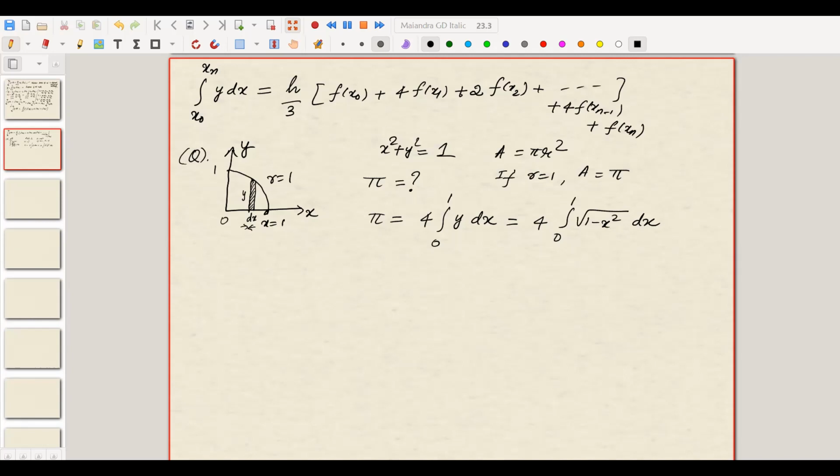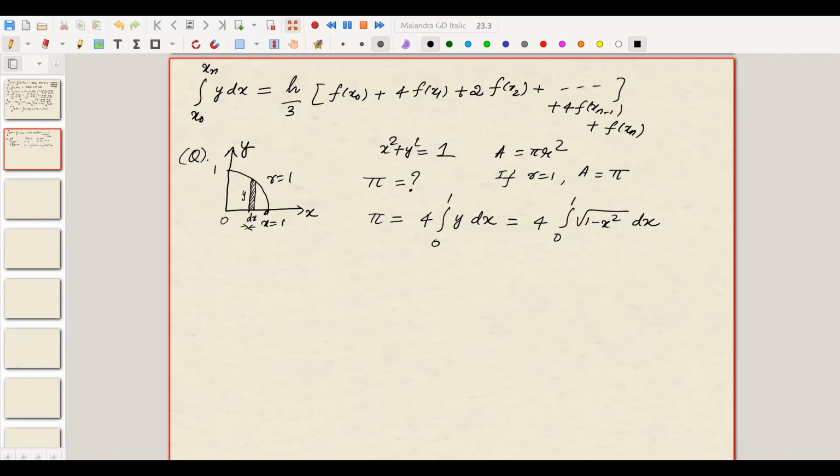Then I am doing the looping, but here there is a catch. If you work out Simpson's closed form formula, you will see which terms are multiplied by 2 and which terms are multiplied by 4.